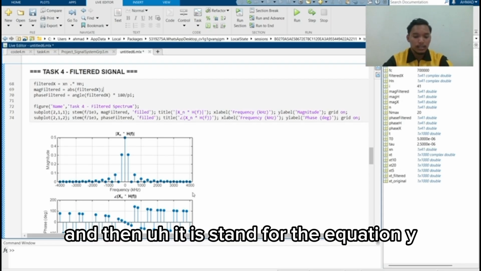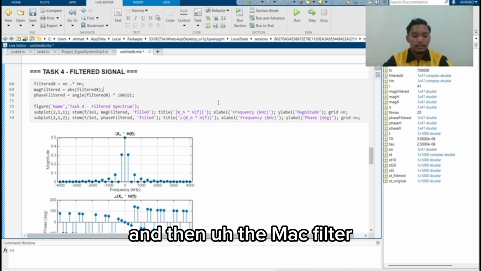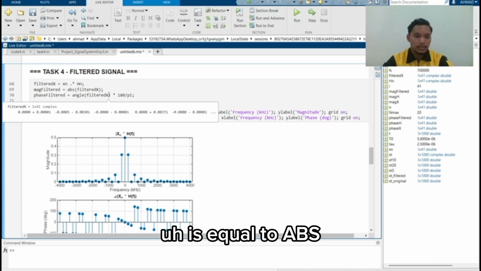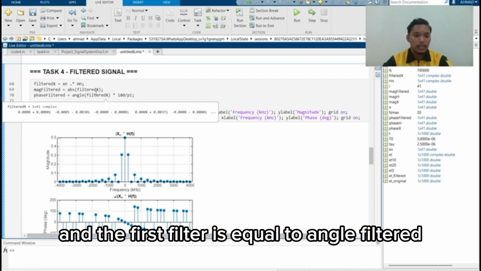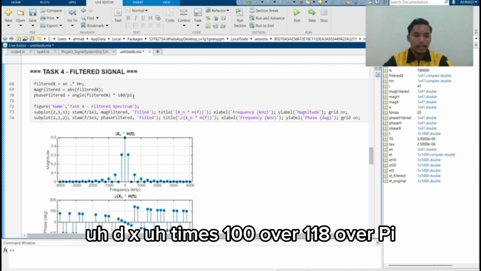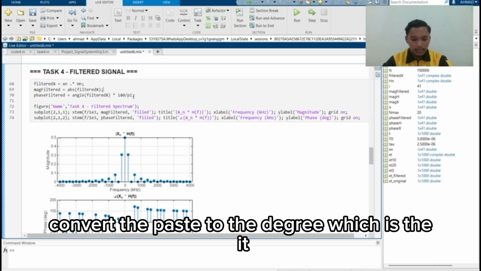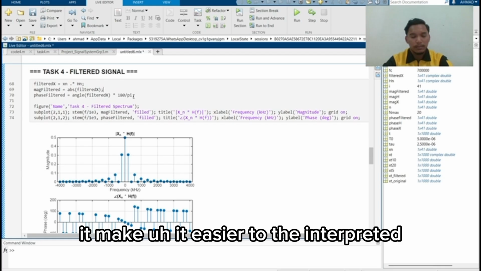This stands for the equation yf equals xf times hf, and then the magnitude of the filter is equal to abs, and the phase of the filter is equal to angle times 180 over pi. This converts the phase to degrees, which makes it easier to interpret.